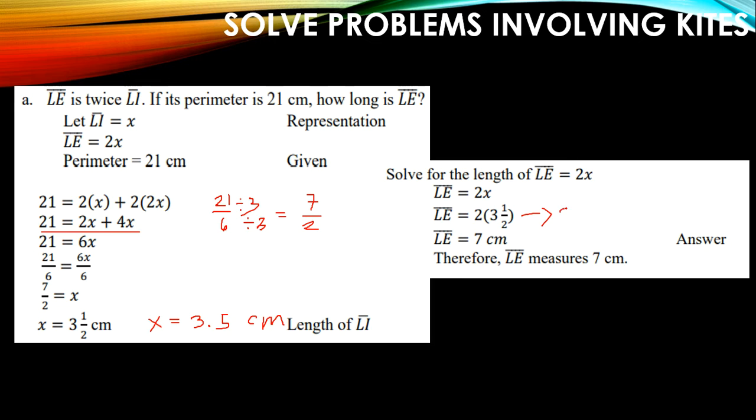So mo na siya, may mo siyang 2 times 7 halves or 7 over 2. So balik siya sa 7 over 2. Then cancelled out. So that is equals 7 centimeters. And therefore LE measures 7 centimeters.